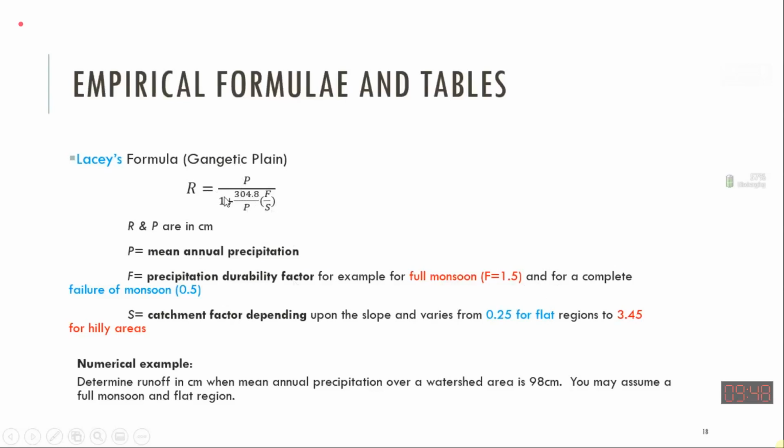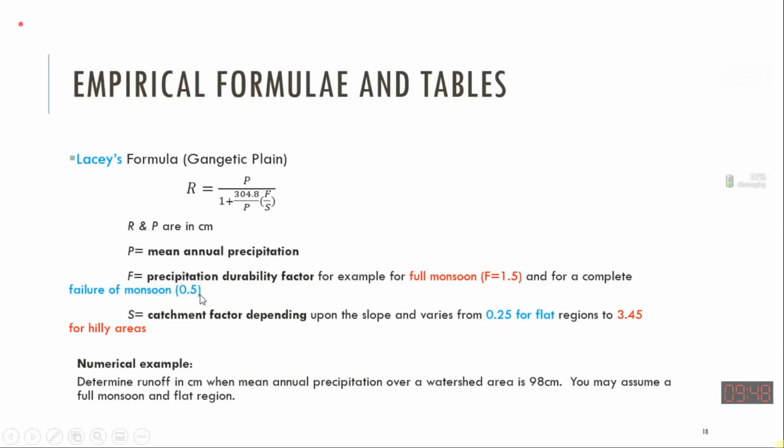He said that R is equal to P over 1 plus (a factor divided by P) into F over S. These factors F over S are described as follows: in the middle of the monsoon period, if the monsoon is well developed, then F should be taken as 1.5, and if it is a weak monsoon, then it should be taken as 0.5.